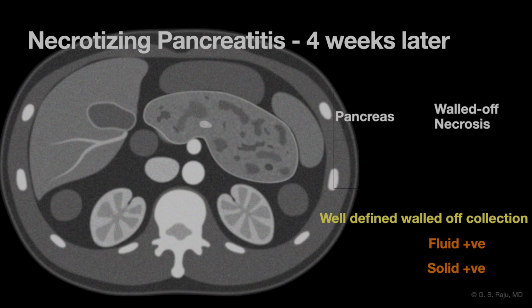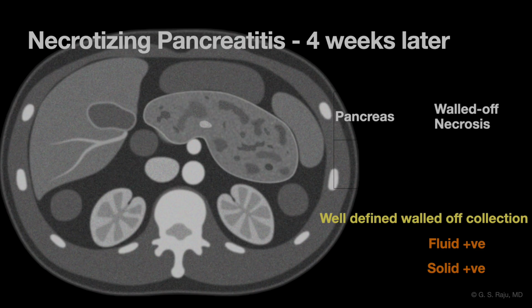So let's step back and look at it. Pancreatitis can be acute interstitial pancreatitis or acute necrotizing pancreatitis. The difference between the two, in the first one there is just inflammation, in the second one there is necrosis. And there may be fluid collection with both, whether it's just fluid collection or fluid plus solid collection.